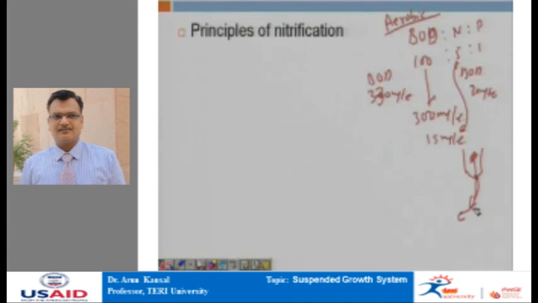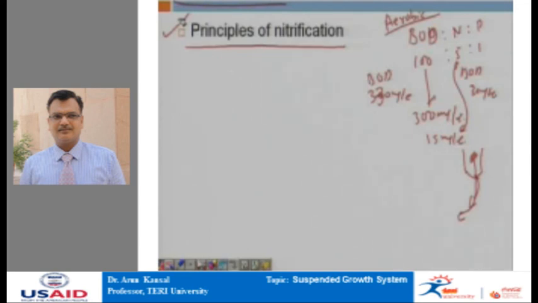Finally, we convert nitrates into nitrogen gas. This process is known as denitrification. So, it is a 2-step process. Let me first explain the principles of nitrification, and later I will discuss the principles of denitrification.